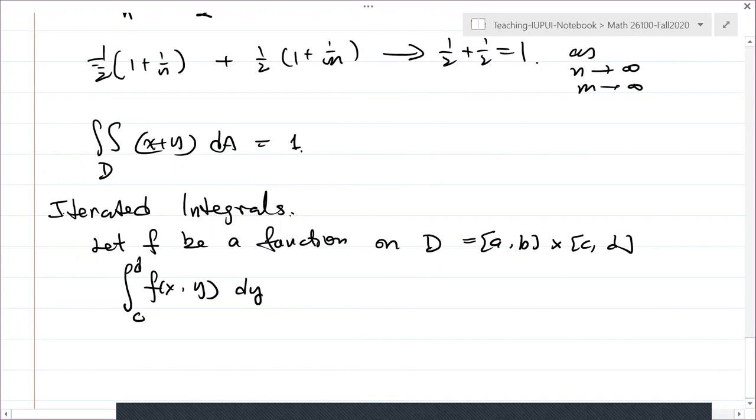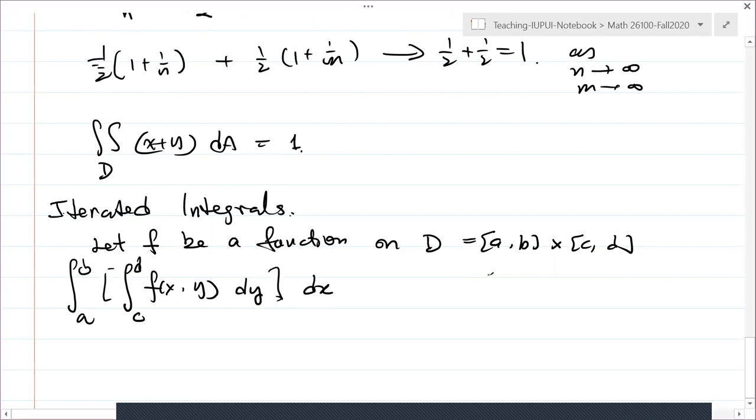Suppose this is always integrable, then you can integrate with respect to x. So you get the double integral. If one of the integrals doesn't exist, then the double integral does not exist.